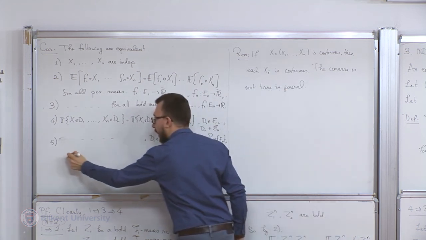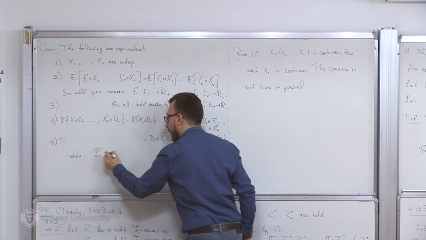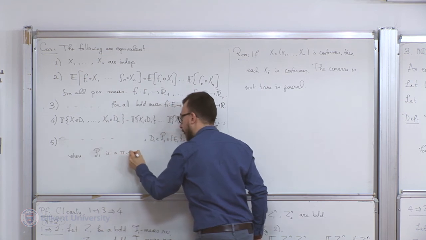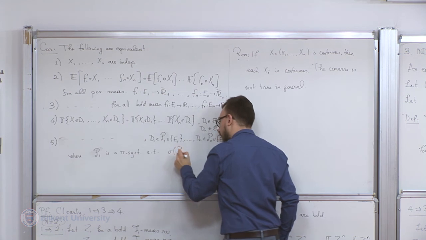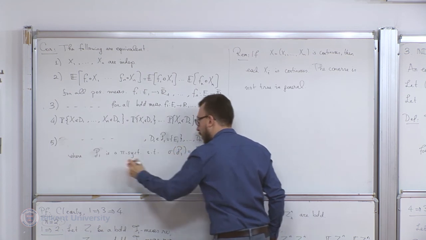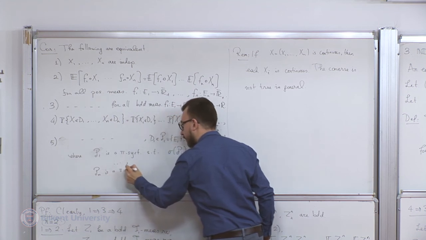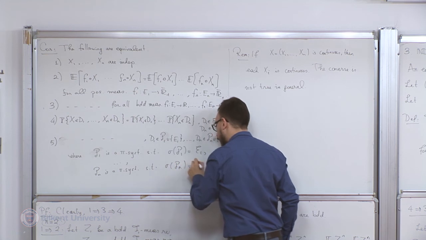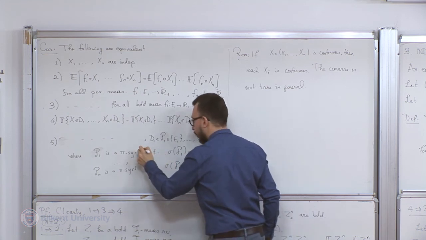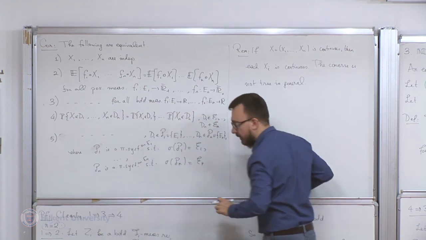Let me write here where P1 is a pi system such that it generates E1, and this is a pi system such that it generates En. They are on different spaces, on E1, on En. They are on the image spaces.